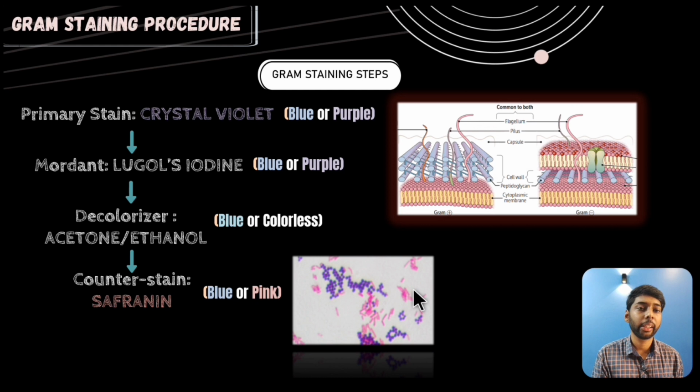So it's a very clear distinction, right? To visualize the gram-negative cell wall, we use the counterstain safranin, and the end result is we get blue or purple gram-positive bacteria and pink gram-negative bacteria.